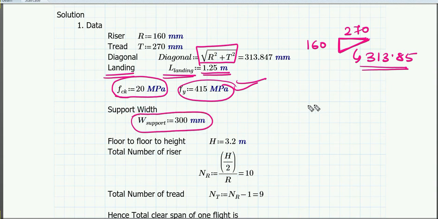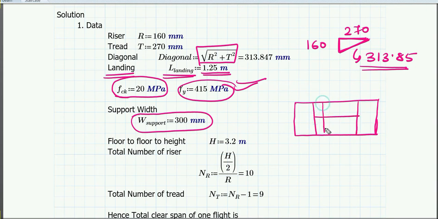So here if you see, it has been mentioned that the supporting beam is in parallel with the riser, right? If you see the plan of a staircase, it looks something like this.